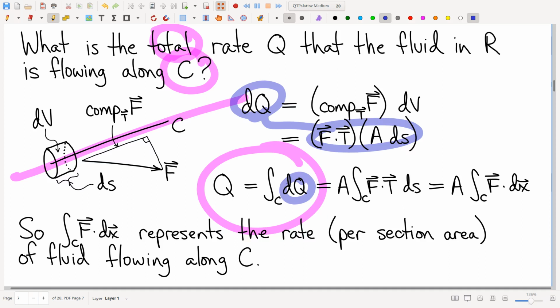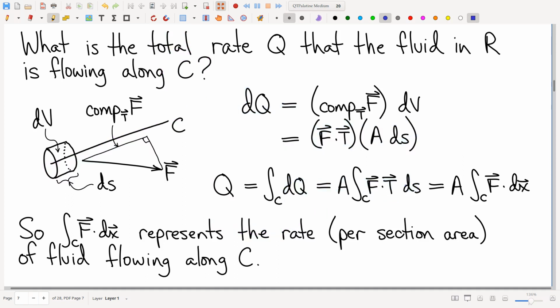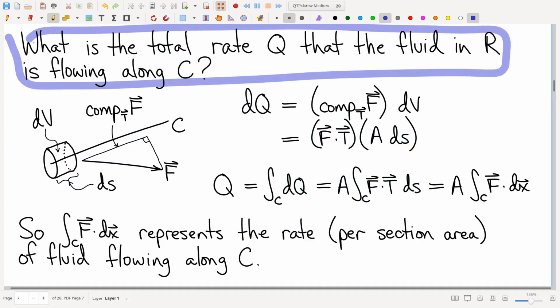We just got through computing that, so I just plug that in. Area is a constant, so it factors outside of the integral. And there's our answer. So again, reminder, we've asked a question that we're not sure why we're interested in, and we have an answer.